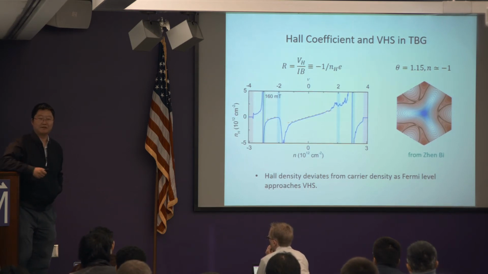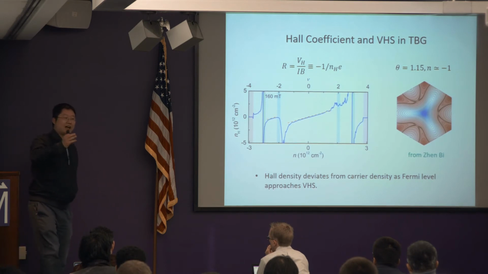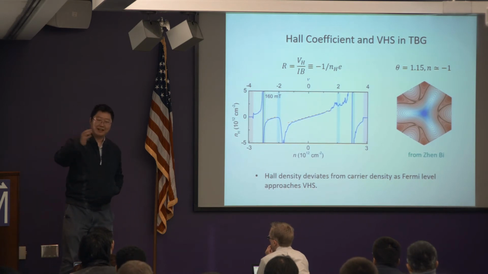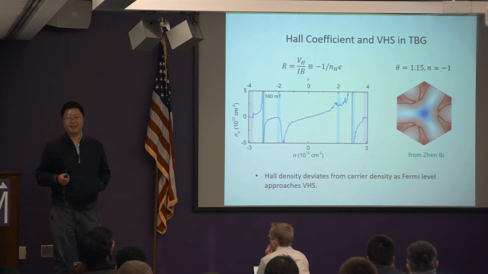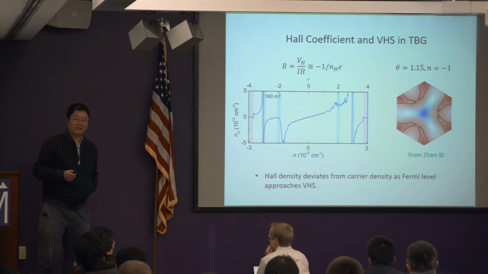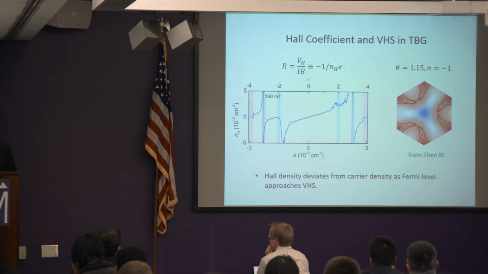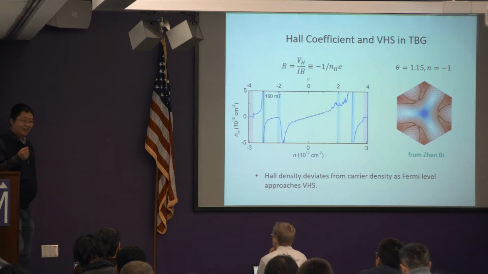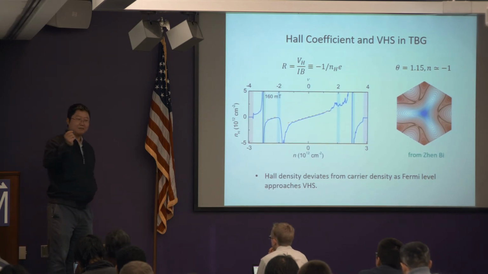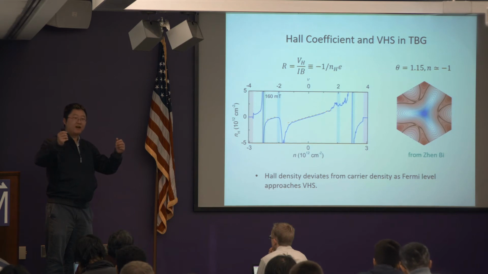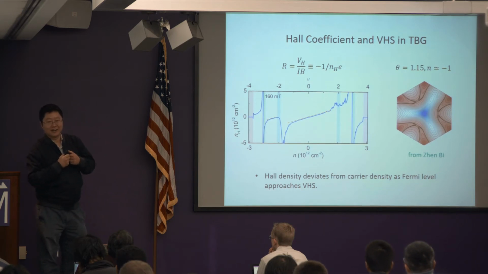But if the interesting physics already happens at temperatures above this energy scale, then you can treat it as a high order Van Hove singularity. It's very much like looking for general critical phenomena, which require tuning. So I like to think that, at least at the single particle level, the magic angle is a special angle where the Van Hove singularity turns into a higher order Van Hove singularity.